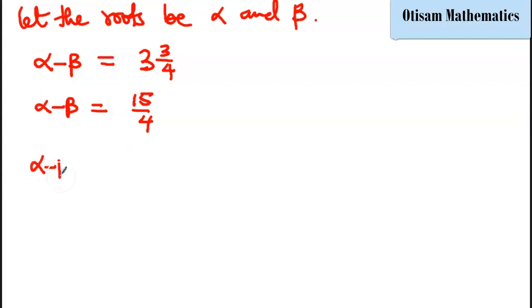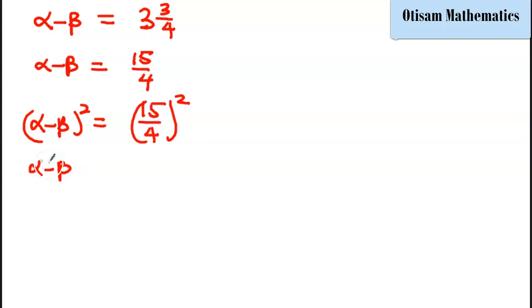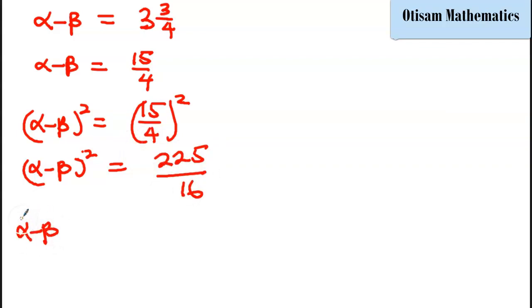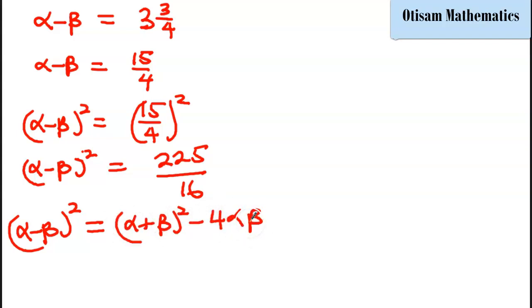So alpha minus beta all squared is equal to 15 on 4, all squared, squaring both sides. We are going to have alpha minus beta all squared, so 15 squared is 225, then 4 squared is 16. Now from symmetric function, alpha minus beta all squared is equal to alpha plus beta all squared minus 4 alpha beta. Now this is the sum, and then this is the product.